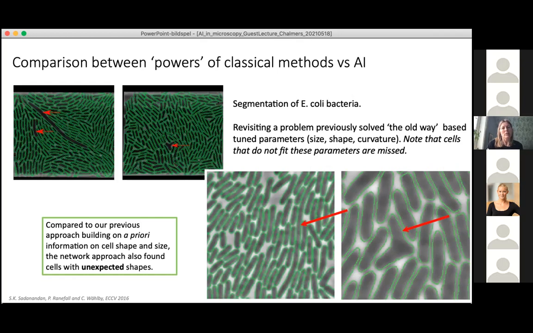the AI approach could really find unexpected shapes and sizes, just because we had not put these restrictions in the analysis. And I think that's super powerful, because if we had done these large-scale experiments with our classical approaches, we would never have been able to find these super long bacteria.